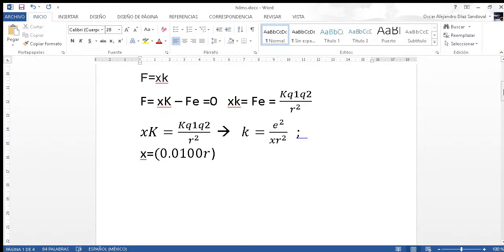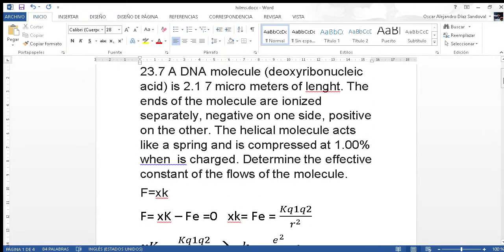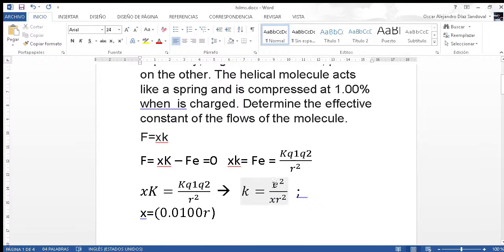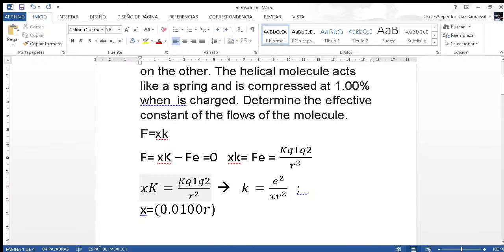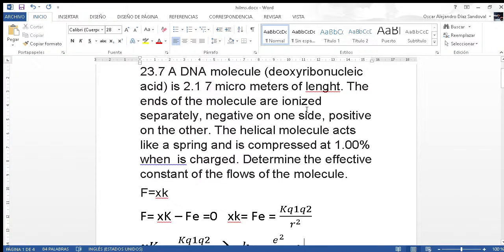Like you know, a molecule has charge, of course. But what is this charge? Well, this charge is the electrons, and we have 2 electrons because the problem says that the ends are ionized separately, negative on one side, positive on the other.